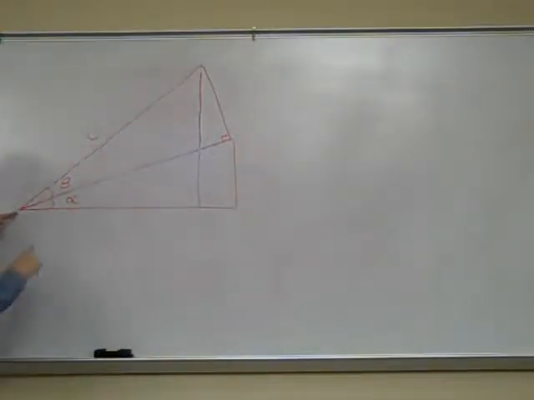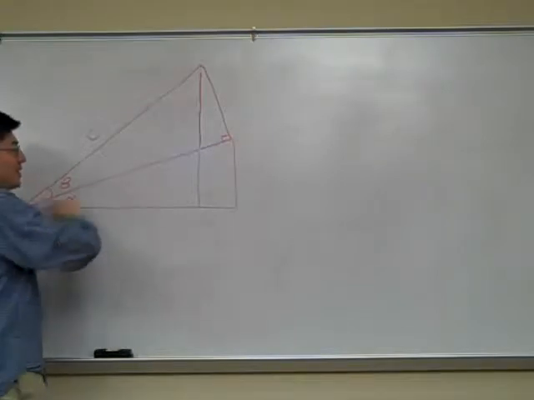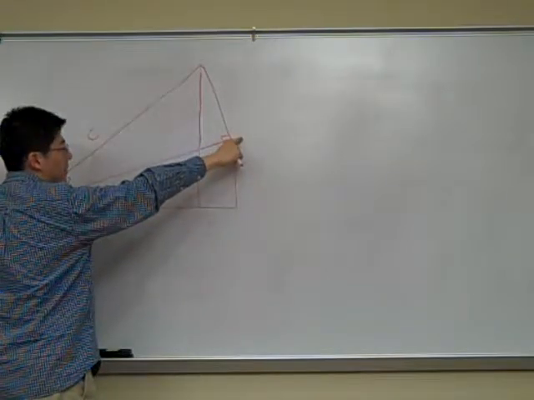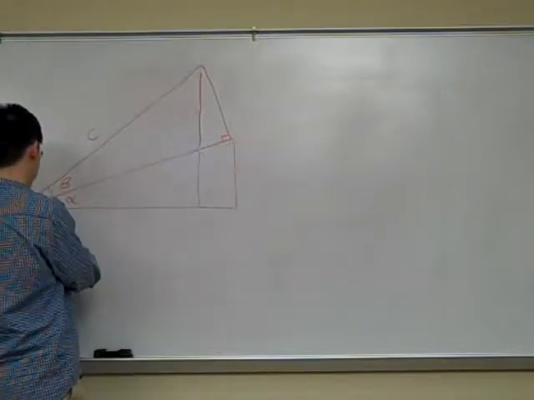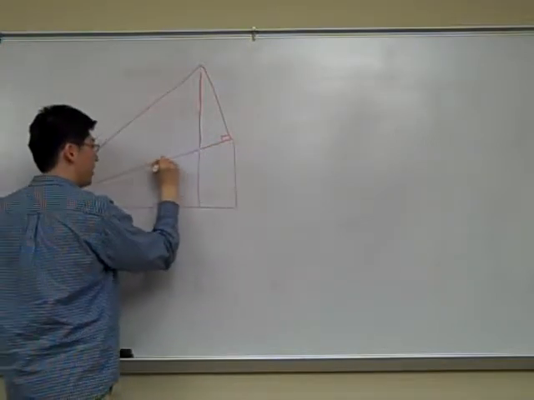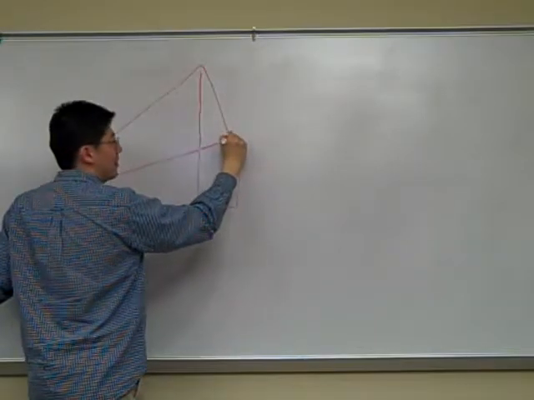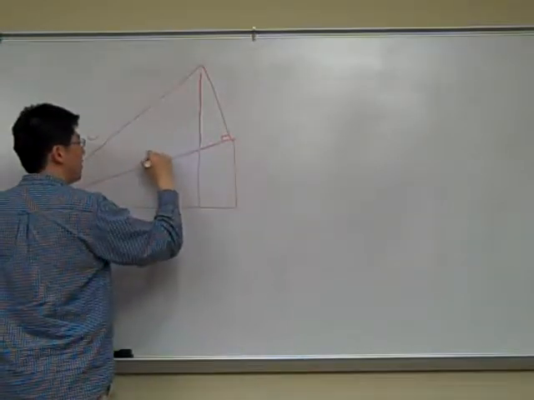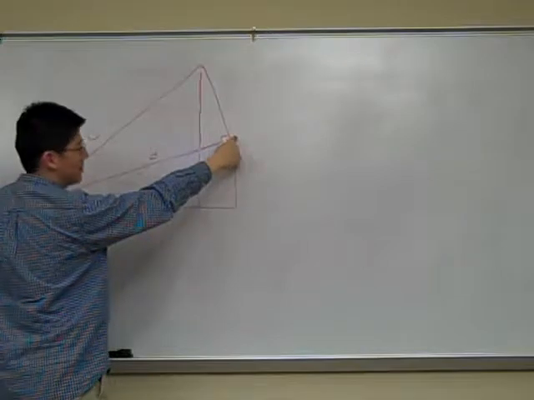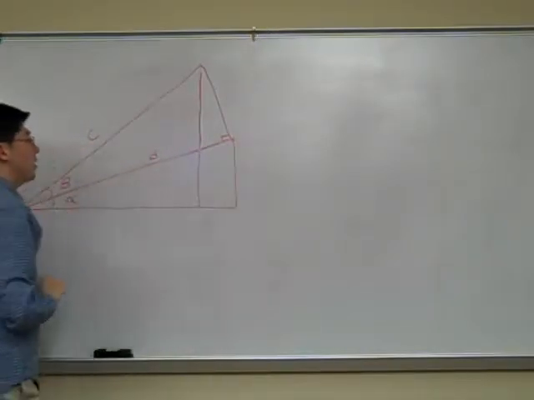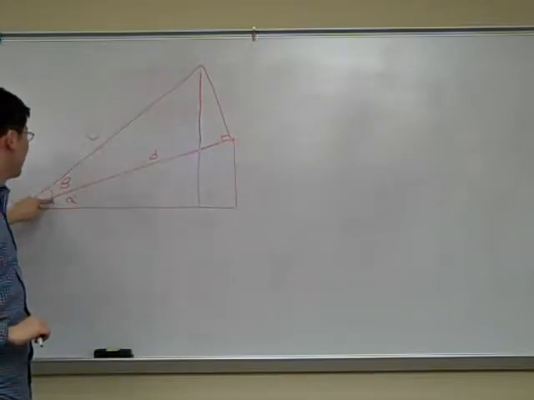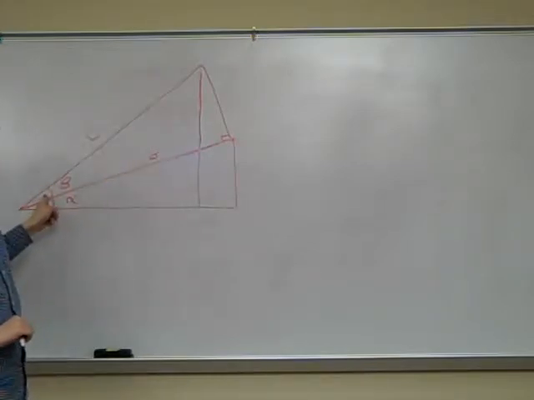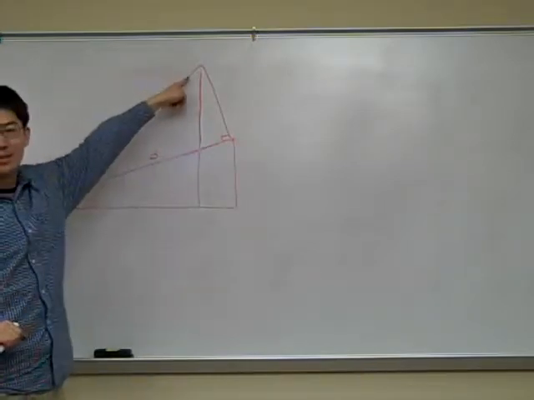Okay. So now let's look at the length from this vertex to this extended distance. This length. So from here all the way to there, let's call this one D. Okay? So D is not to here, it's all the way to here. So let's call this one D. Well, this is a right triangle. D is the adjacent side to this angle beta, and C is the hypotenuse.